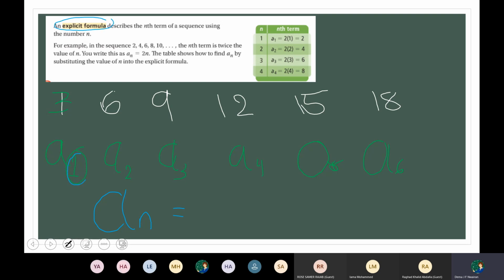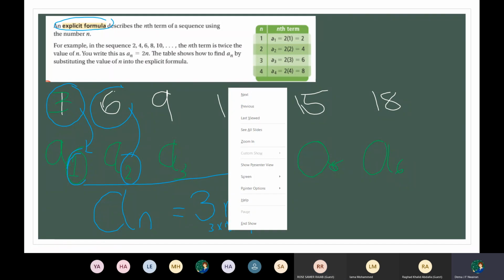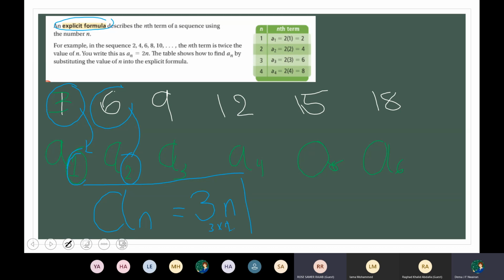The explicit formula describes the nth term of a sequence. It describes the 3 using the 1, the 6 using the 2. It describes the nth term using the number n. Okay, so I can say 3 times n. Why? Because if I multiply 1 by 3, the answer is 3. And if the number of the term is 2 and you multiply it by 3, you will get 6.